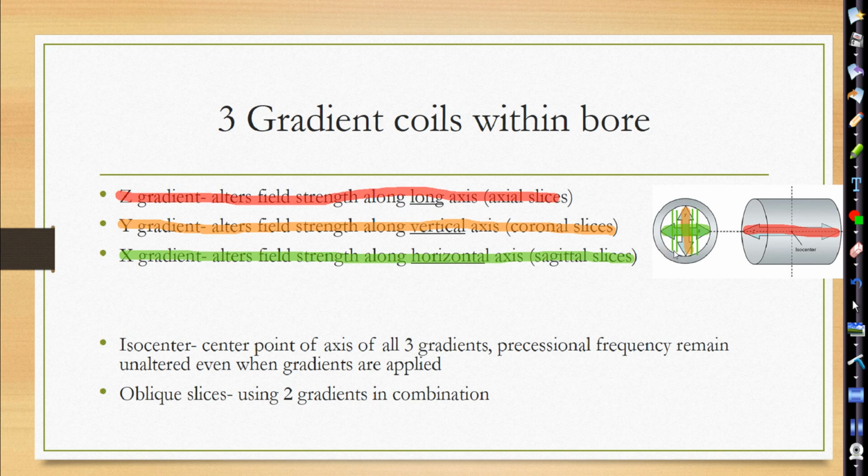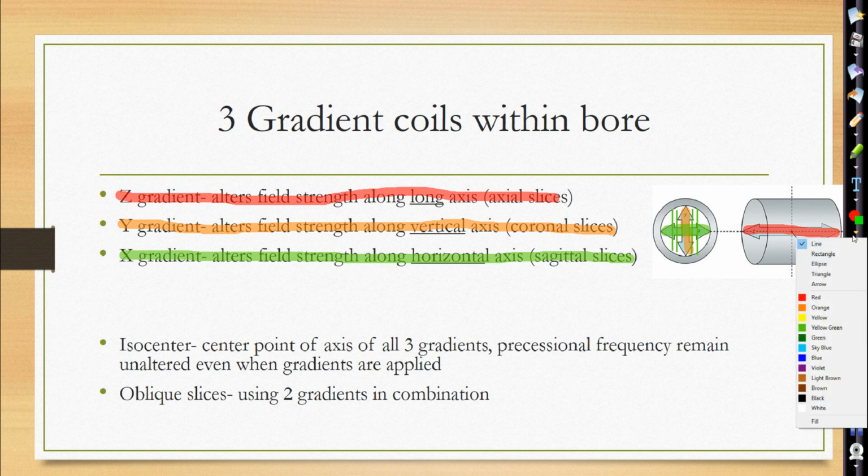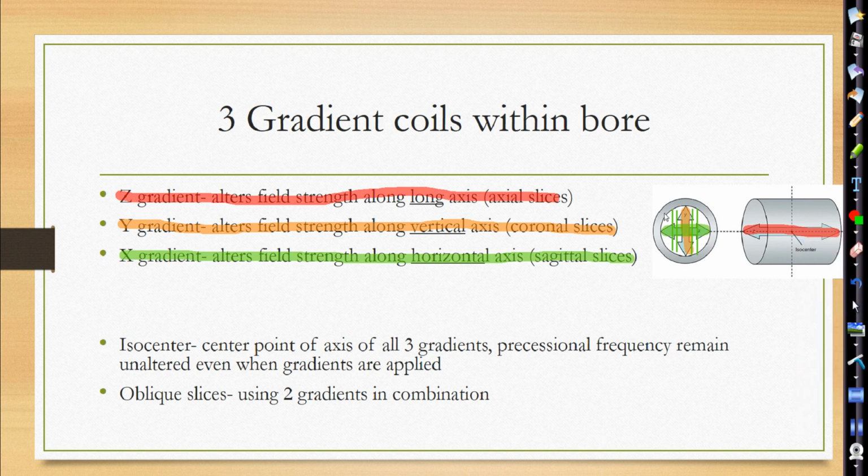That's what gives us our sagittal slices. And then for orange, 90 degrees from this y-axis. So this gives us our coronals. Okay, so your slices are determined by 90 degrees from the axis that is excited.